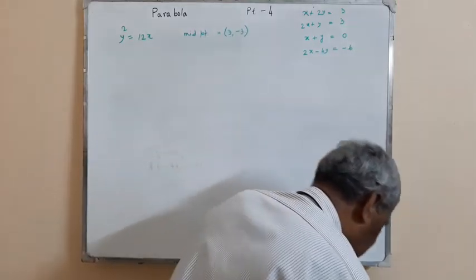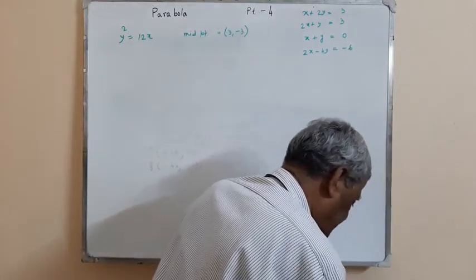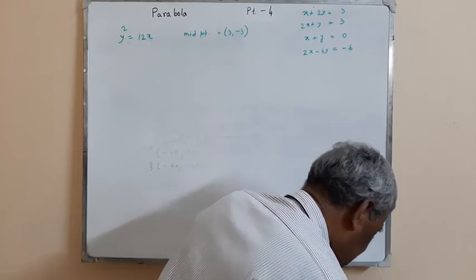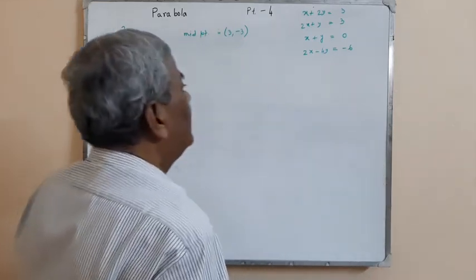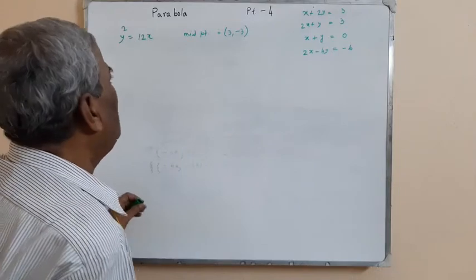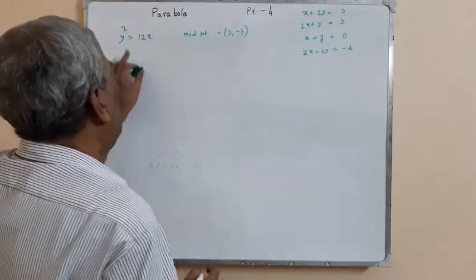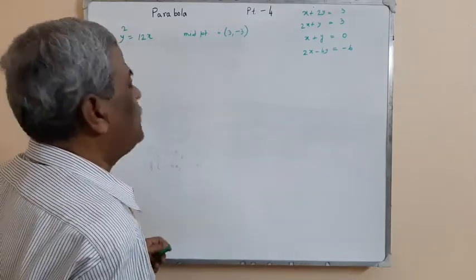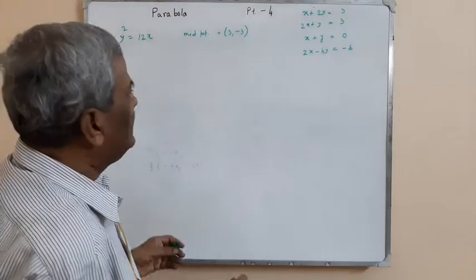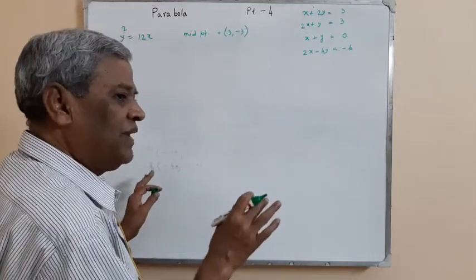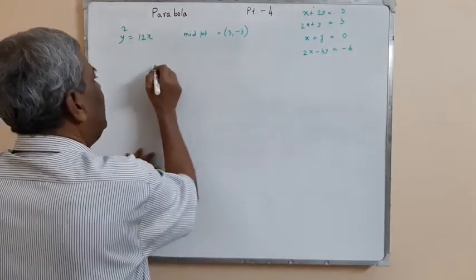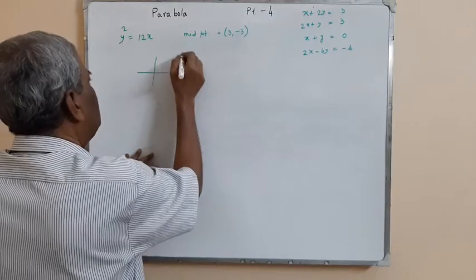These are the options. Now let us see the problem. One parabola is given, y squared is equal to 12x. It is in fact given in standard form, and it is of that type.